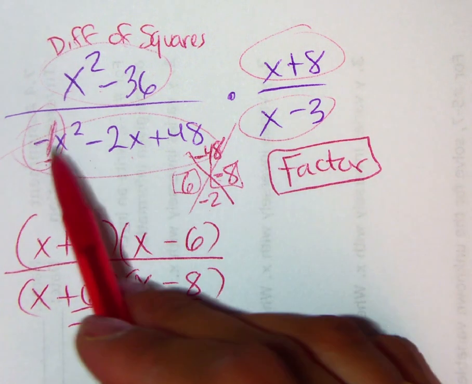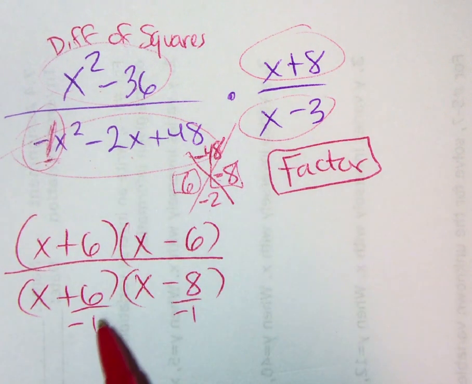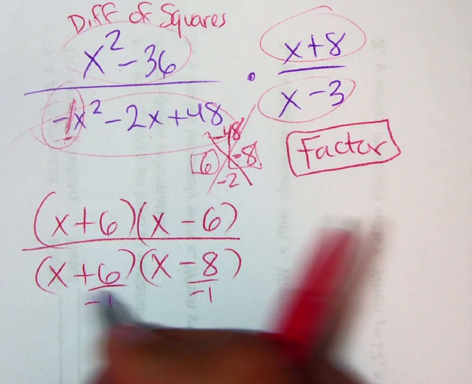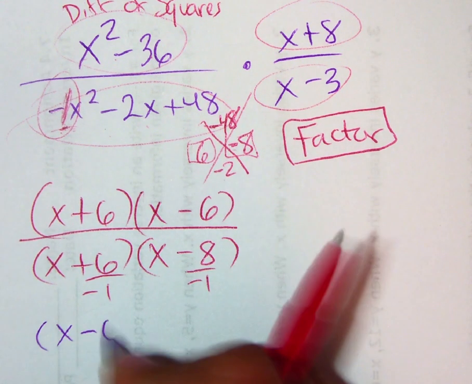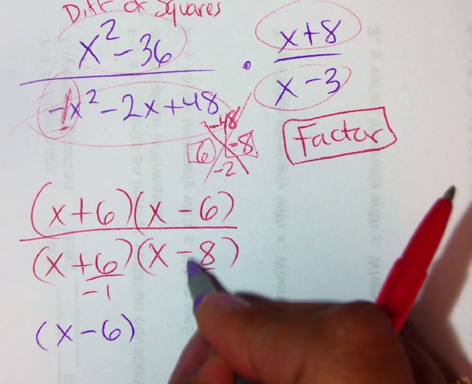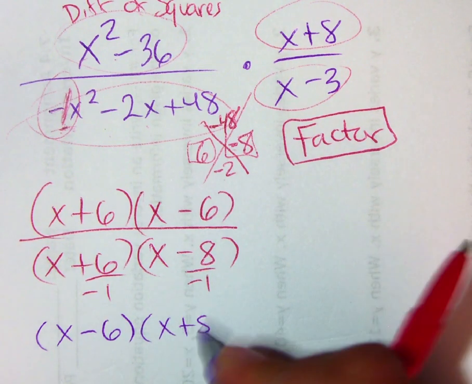So these are not going to be x plus 6. 6 divided by negative 1 is going to be x minus 6. And then this one is negative 8 divided by negative 1, so that's x plus 8.